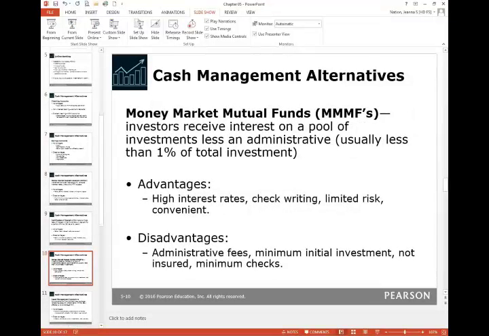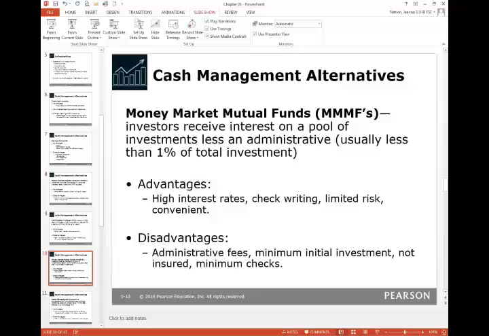Another option would be money market mutual funds. These are similar to money market deposit accounts, except that you are the investor, whereas with a money market deposit account, you give the money to the bank and the bank invests it. A money market mutual fund is something that you invest in. So you pool your money with other investors in a mutual fund company and then into highly liquid short-term assets or short-term debts like CDs, which are loans, and then you get interest on that.